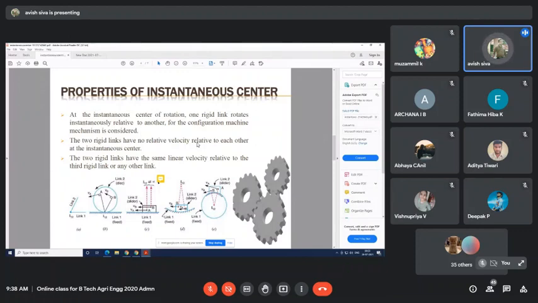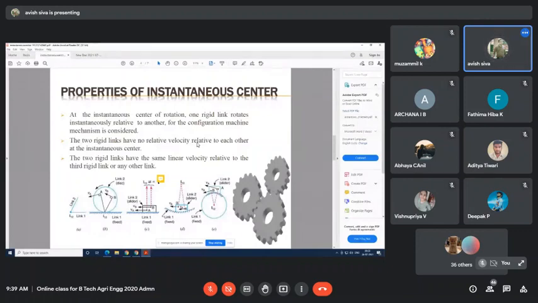Now look at figure D. In that case also, similar to case C, the slider moves on a fixed surface, but here the fixed surface is not straight.